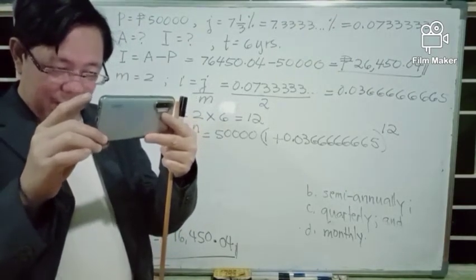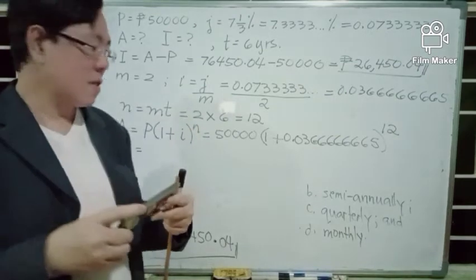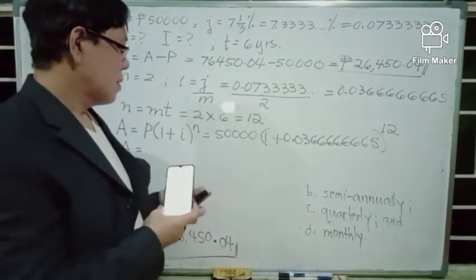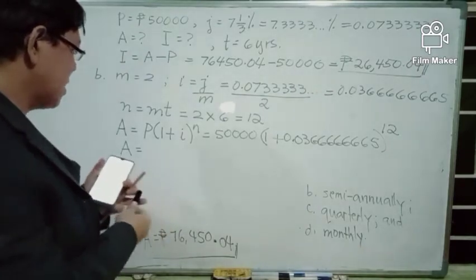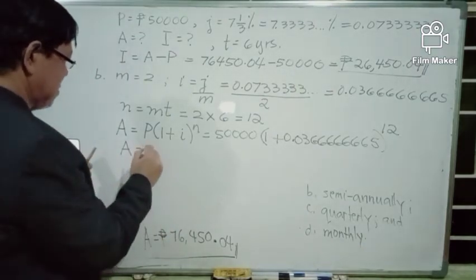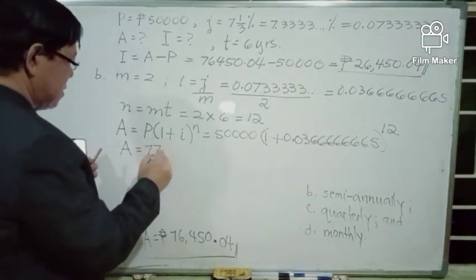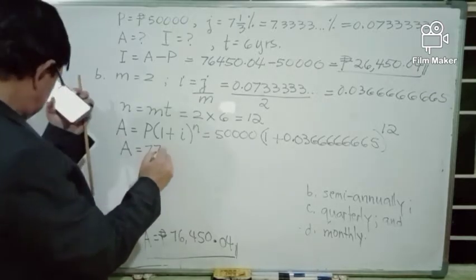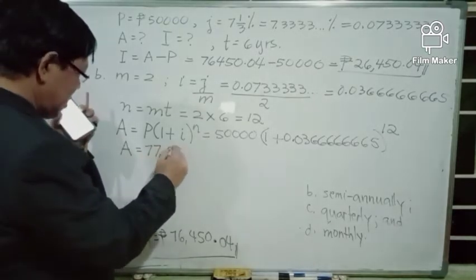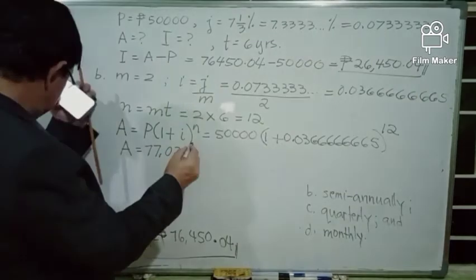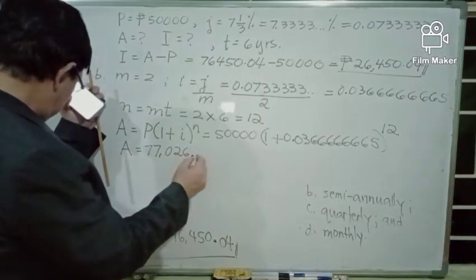You should get 77,026. We write that as 77,026.402.